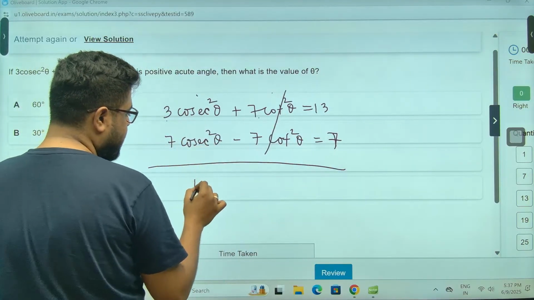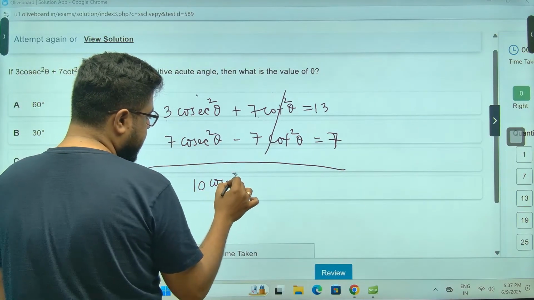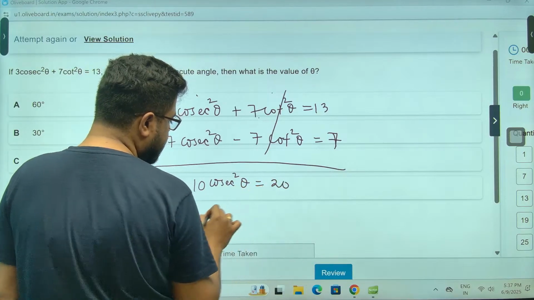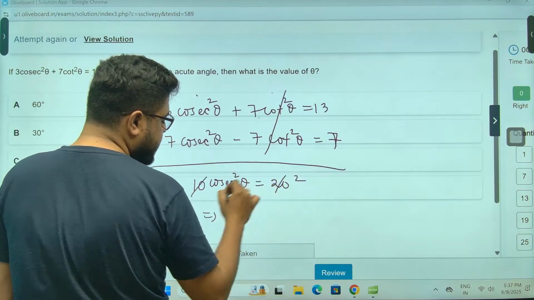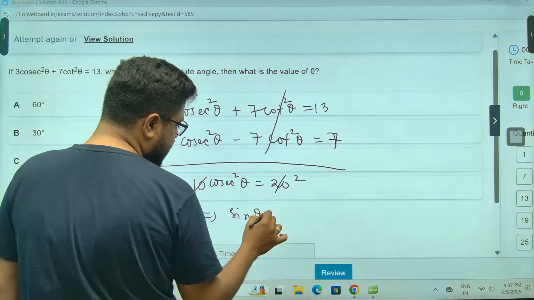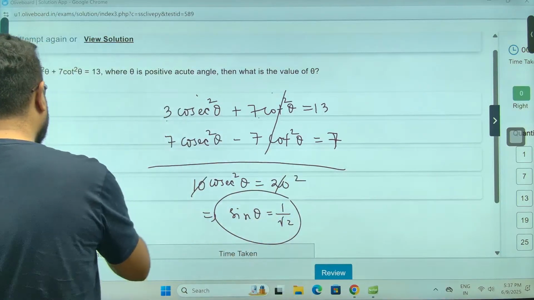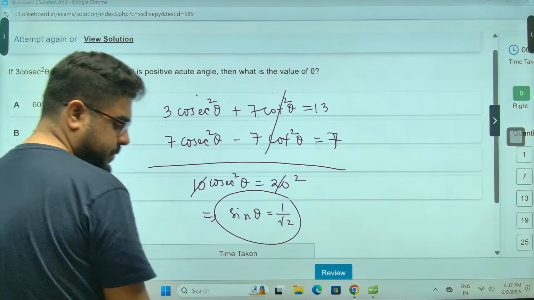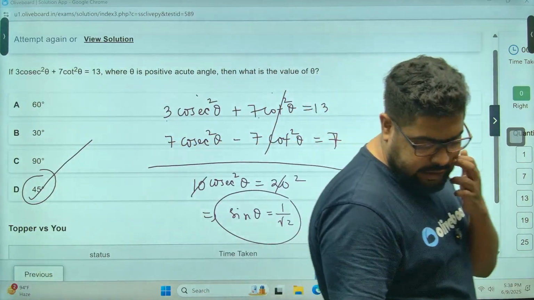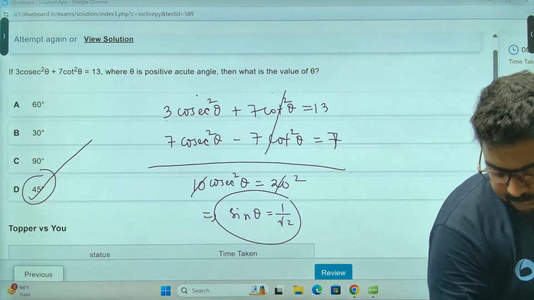So 10 cosec square theta is equal to 20, so cosec square theta is 2. Cosec theta is root 2, so sine theta is equal to 1 by root 2. Theta is 45 degrees, which is option D, sir.